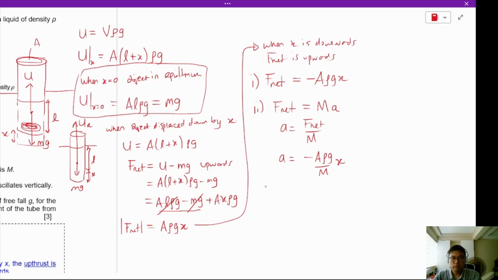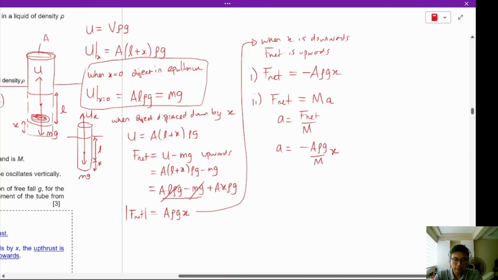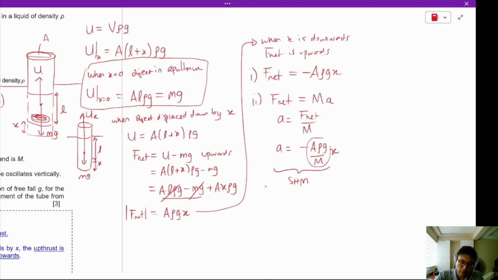Now, did you know that this equation is simple harmonic? This is SHM. How come? It's SHM because this is a constant. Now, if this is a constant, it shows that a is proportional to x, but in the opposite direction.